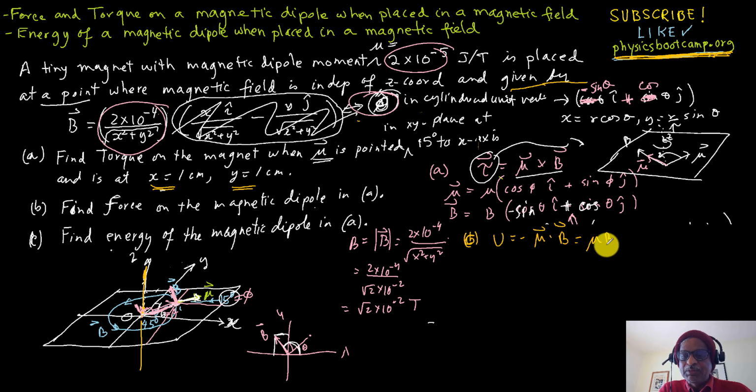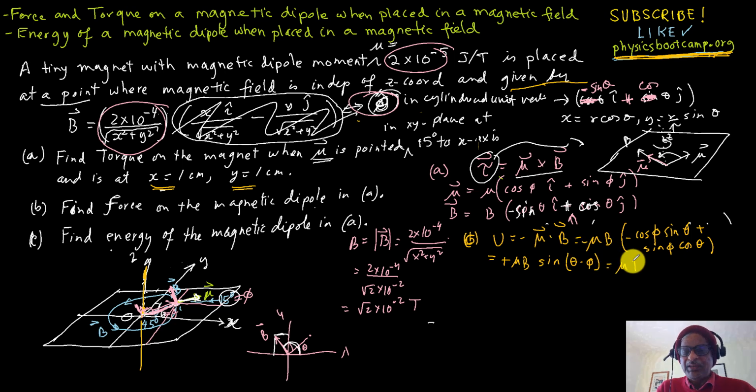That's just going to be mu times B, minus mu times B, and this times this is going to be minus cosine phi sine theta, and then this times this is going to be plus sine phi cosine theta, and so minus mu B sine of theta minus phi. I can pull this minus, and this will be plus, minus sine of theta minus phi.